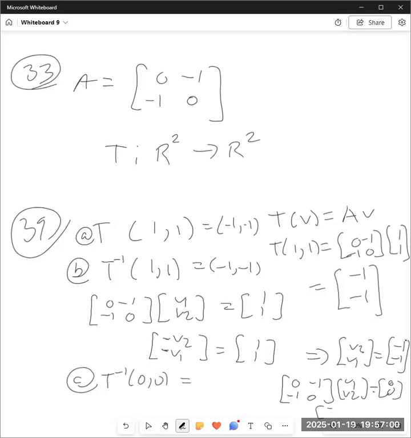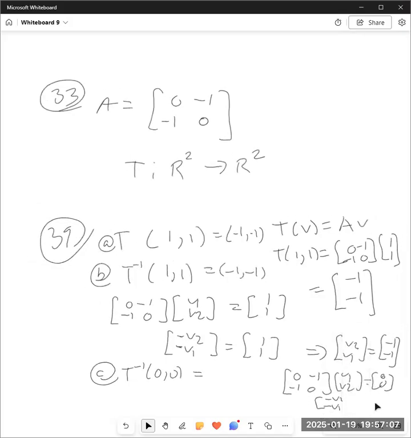It's going to be negative v2, negative v1 equals 0, 0. Gives me v1 is 0 and v2 is 0. All right, so that was 39.